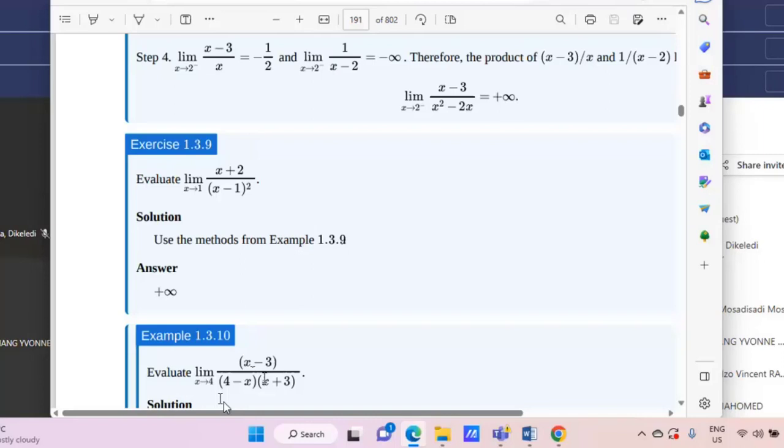Are we all clear? Yes, sir. Okay, thank you. Let's evaluate the limit of x minus 3 all over (4 minus x)(x plus 3) as x approaches 4.